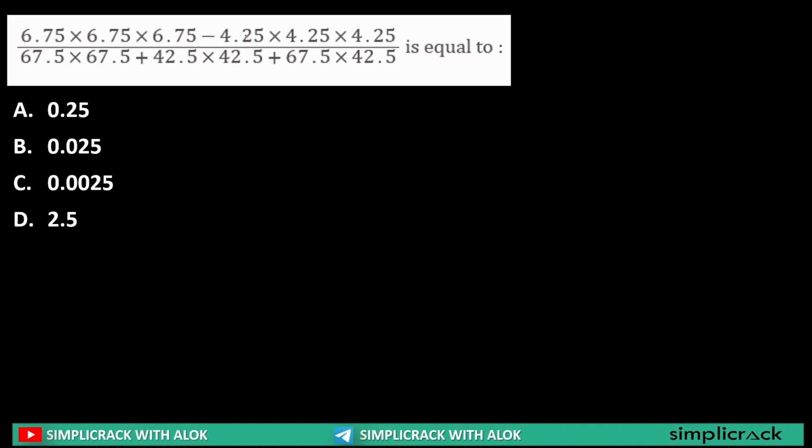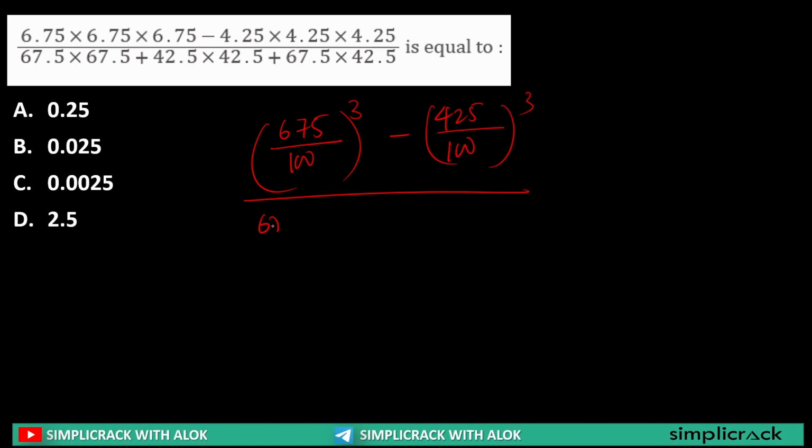So if I have to take the decimal out of it, my numerator will be 675 divided by 100 cube minus 425 divided by 100 cube. Divided by this whole thing, which will be 675 multiplied by 675 divided by 10 plus the same thing, 425 into 425. This is for your understanding.